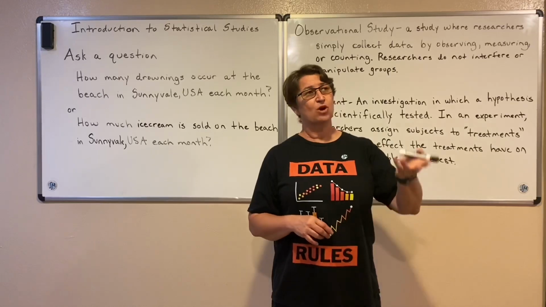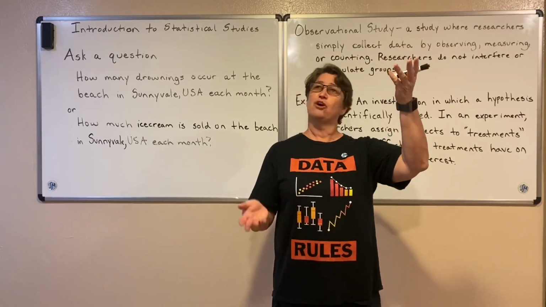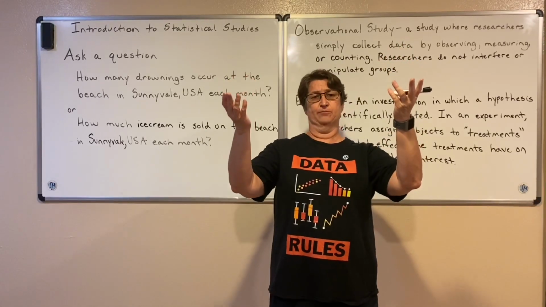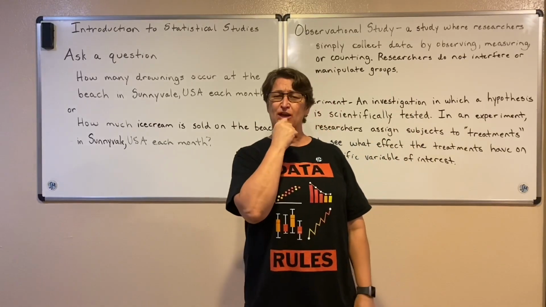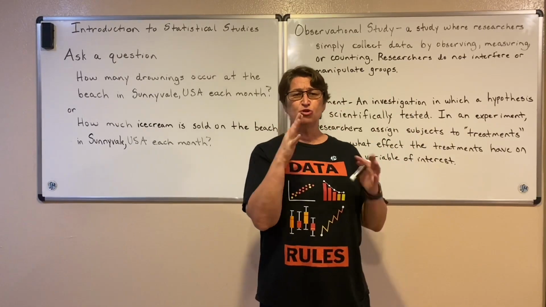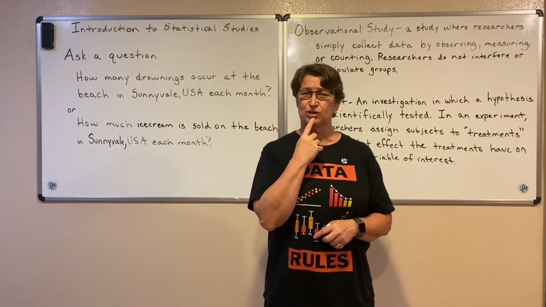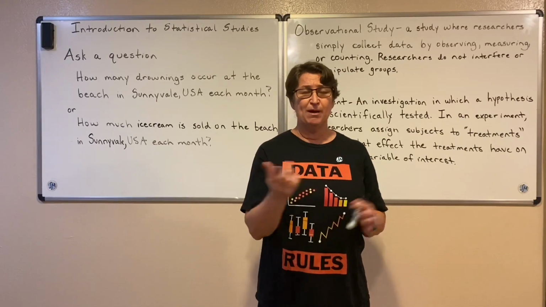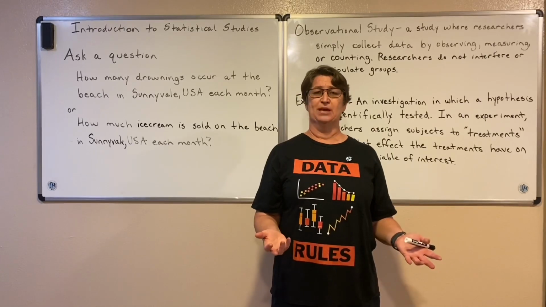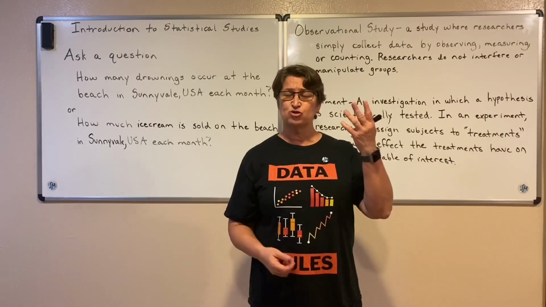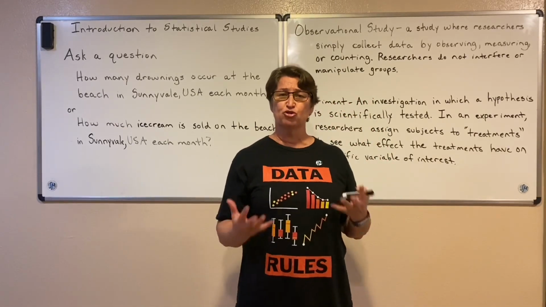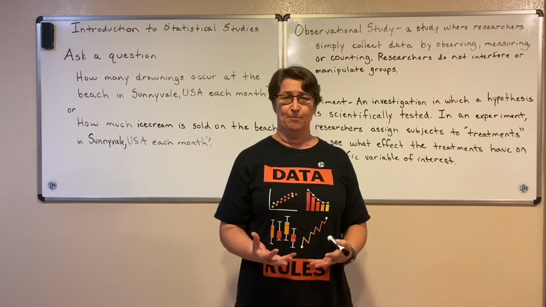Like as more ice cream is sold, there's more drownings occurring. So I start thinking, well, maybe those two are related somehow. Maybe selling ice cream on the beach is bad. Maybe we shouldn't be selling ice cream on the beach. Maybe by selling ice cream on the beach, we're causing people to drown, and we don't want that to happen.